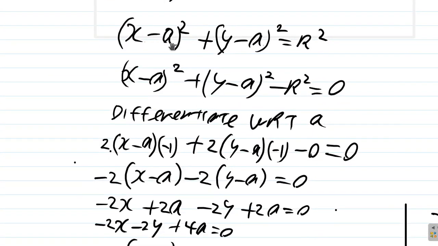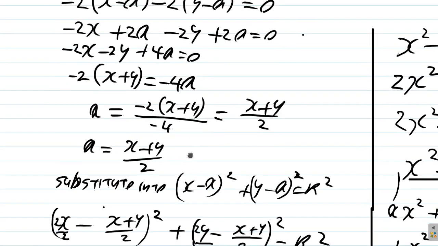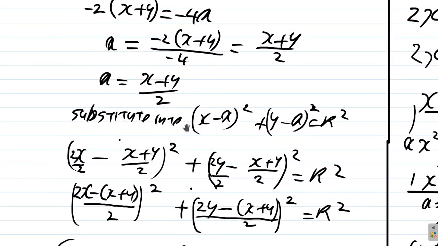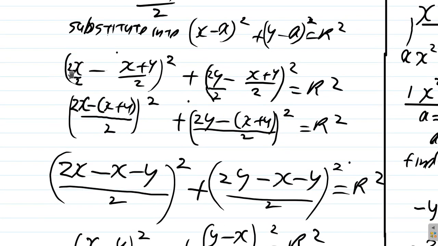Substitute it into the equation. You get (x minus a), but a is (x plus y) over 2, squared, plus (y minus (x plus y) over 2) squared equal r squared. Now use common denominators to work out the fractions inside each bracket that is squared. So we multiply top and bottom here by 2, so we have common denominators, something over 2 in both cases.